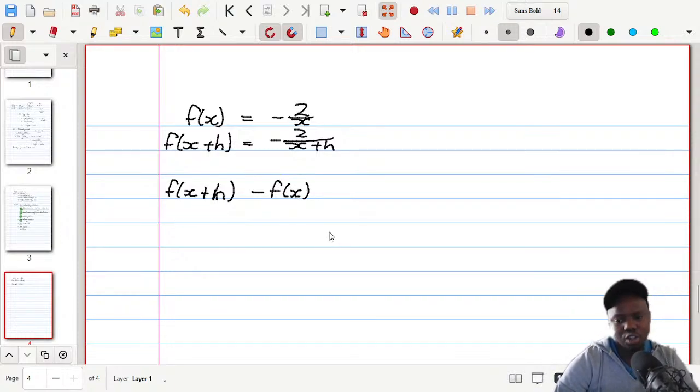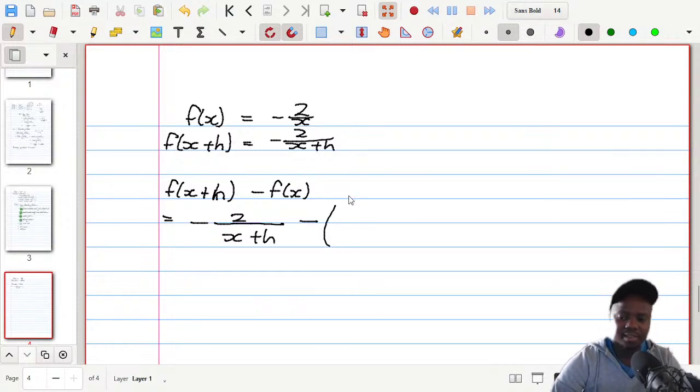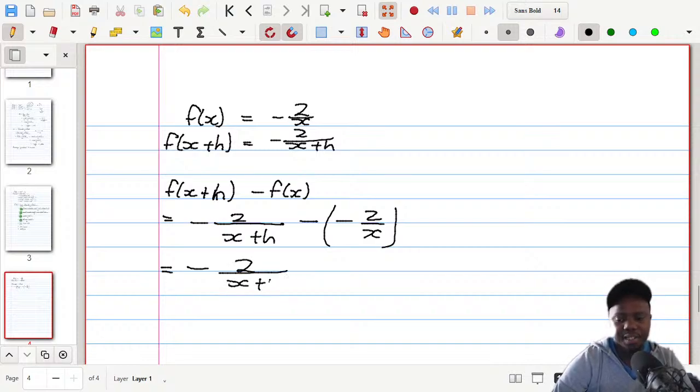For x plus h, we've got negative 2 over x plus h minus, once again practice safe maths, minus 2 over x. This is going to give you negative 2 over x plus h plus 2 over x.